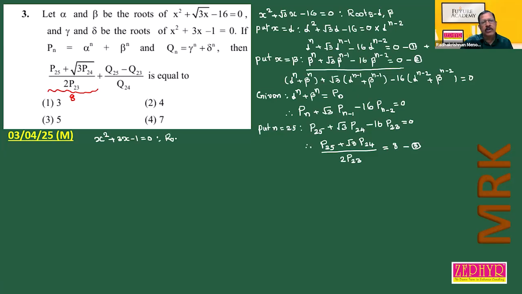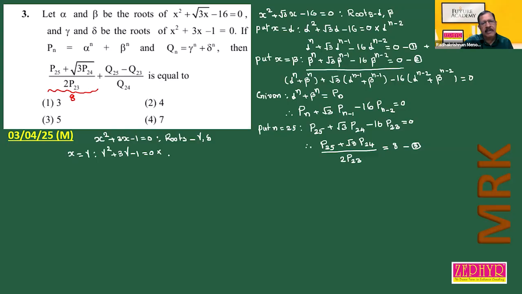Same way, roots gamma and delta. Put x is equal to gamma. You will be getting gamma squared plus 3 gamma minus 1 equal to 0.